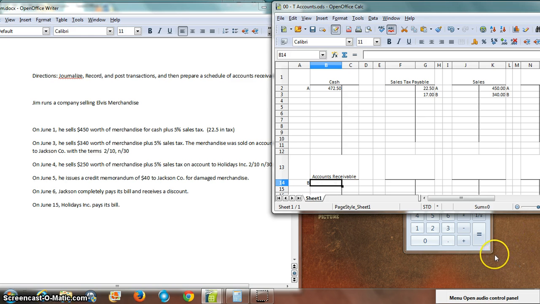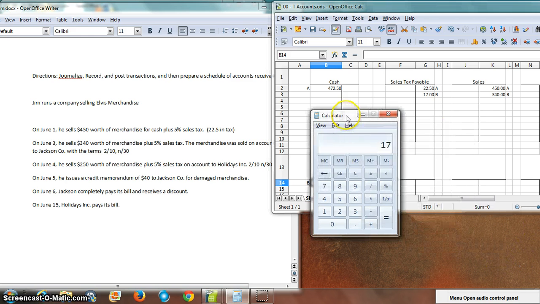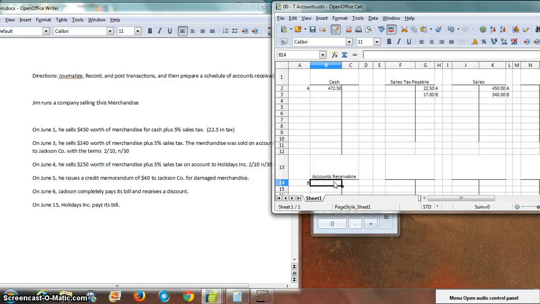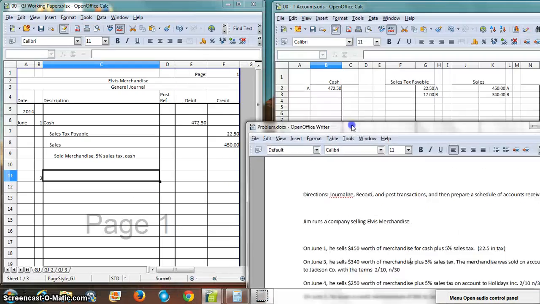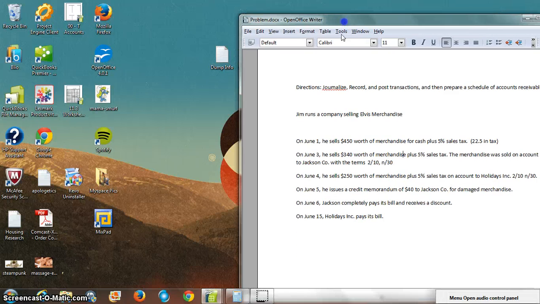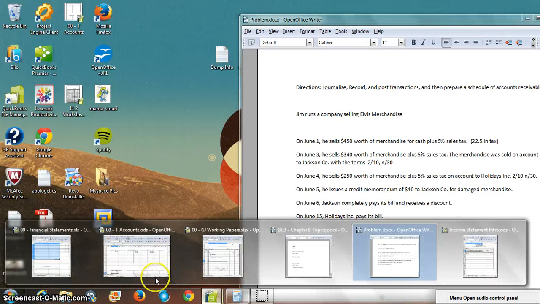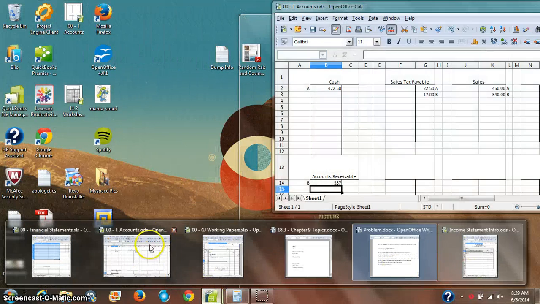And I'll have to figure out what that total is. That's going to be my sales plus my sales tax payable. It's $357 that Jackson Company now owes to me. So there's that. And now I need to put all that stuff over on the general journal.